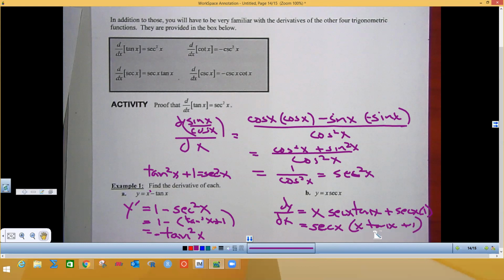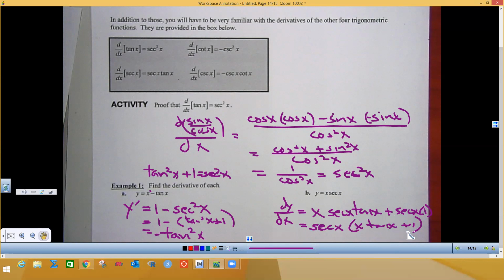We could leave it like that, or we could make this 1 over cosine and that sine over cosine and try to simplify. But it's really a big deal that we just make sure we know our trig identities that I put on the back of that sheet I gave you quite a while ago.